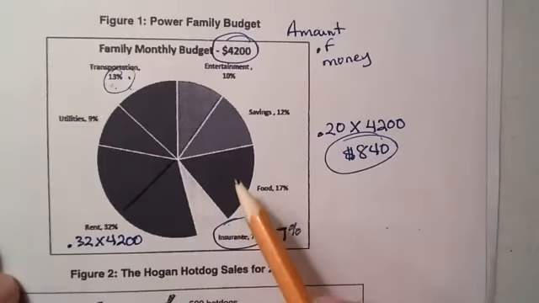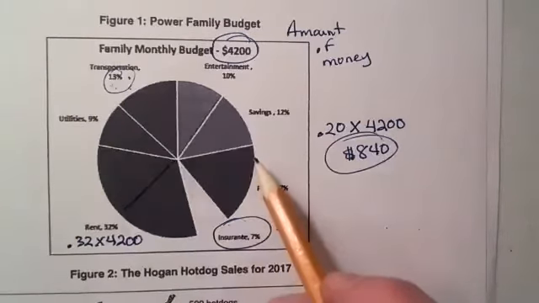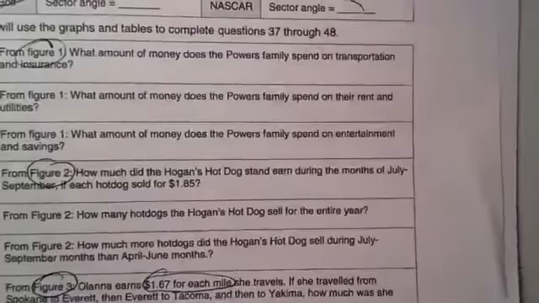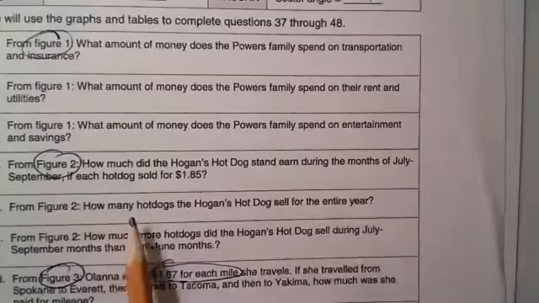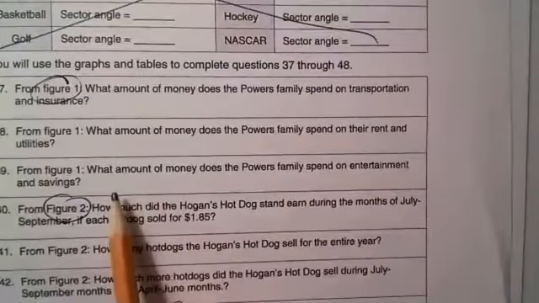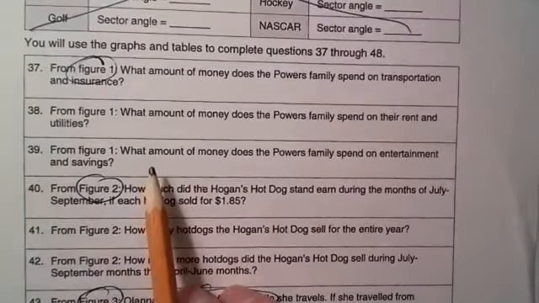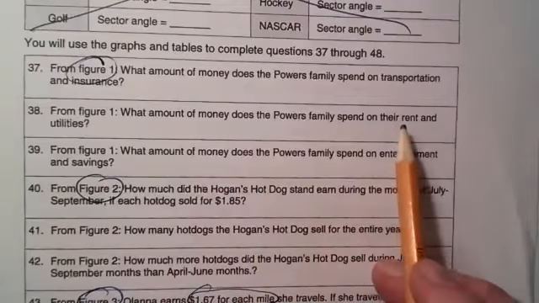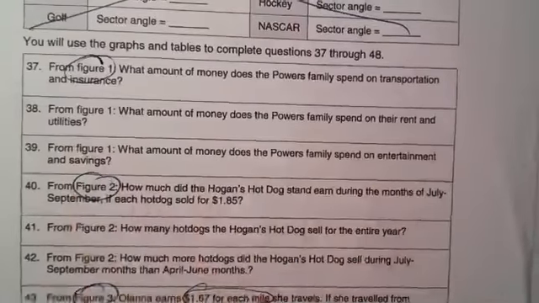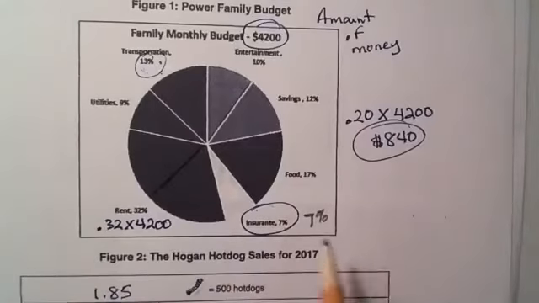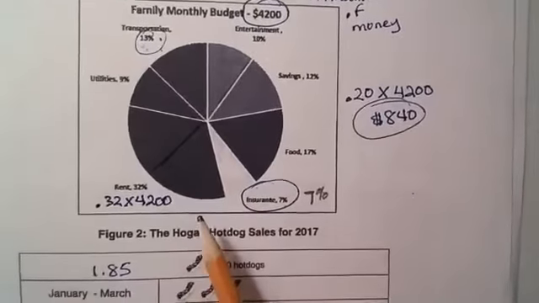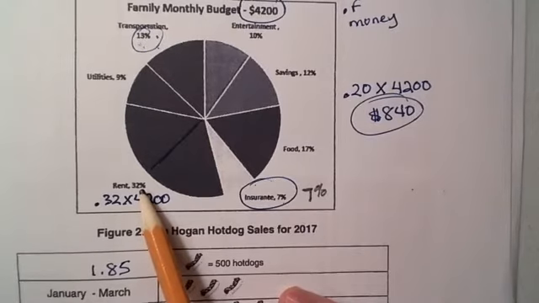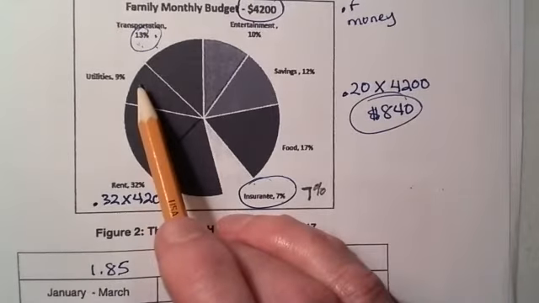Let's do another one. Same idea here. In figure 1, like number 38: what amount of money does the Powers family spend on their rent and utilities? I look at my chart and see rent is 32% plus utilities is 9%.